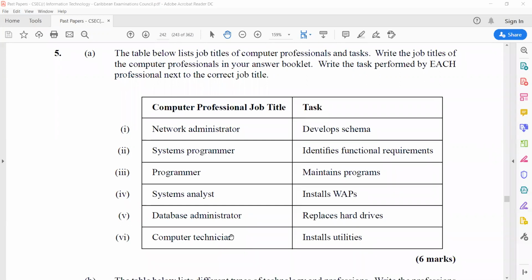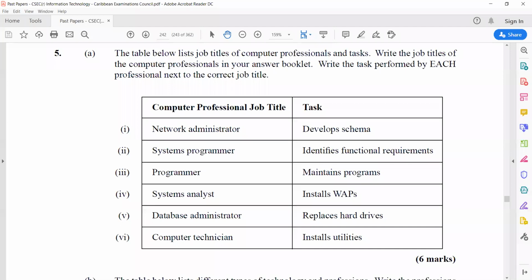So what would you all say is the next choice for you? Computer technician, okay. And what task would they do? Given the options we have, I would say replace hard drives is the task most leaning toward the computer technician, right?